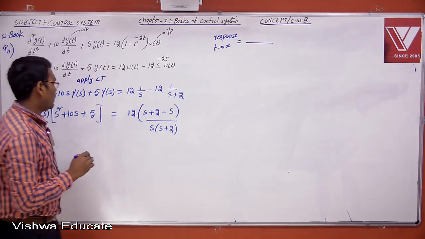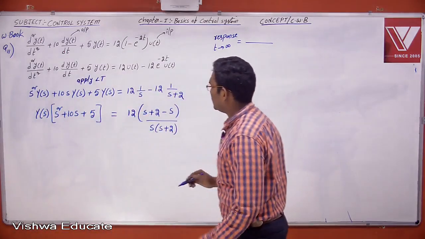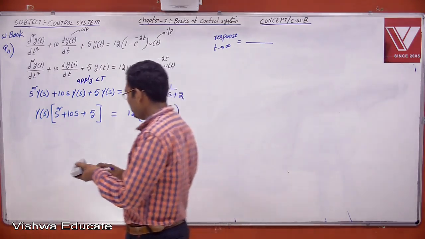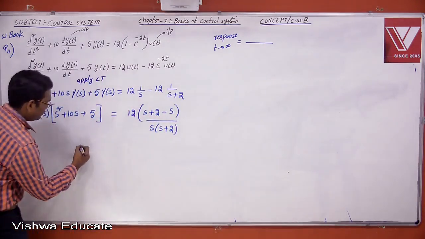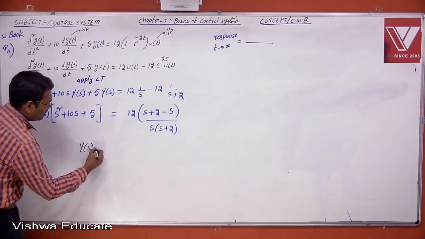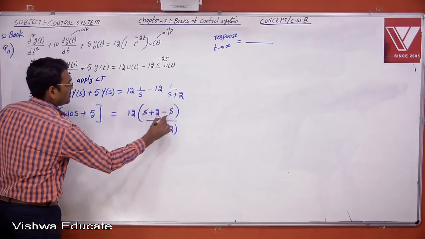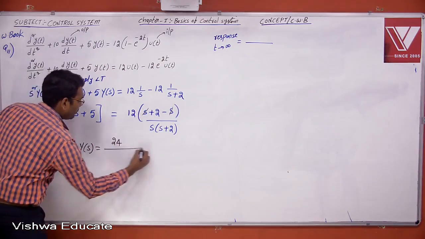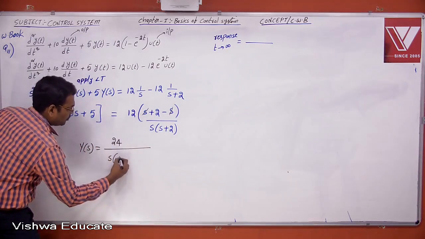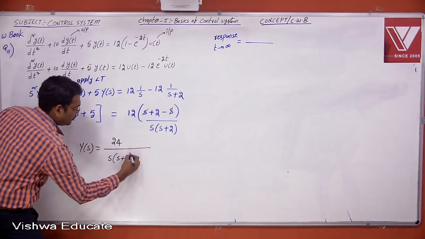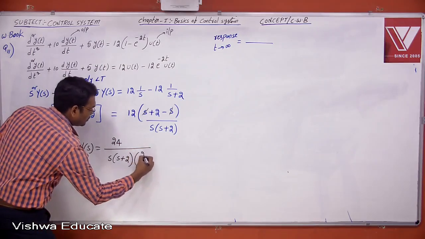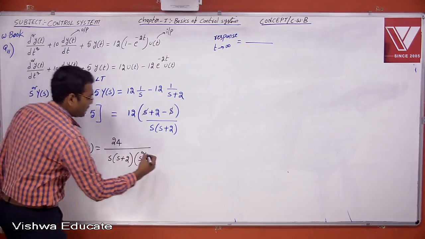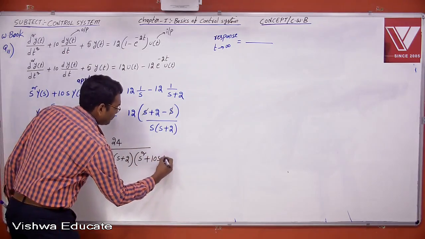Now see here, this s is cancelled. Then what is y of s here? y of s is equal to 12 into 2, 24 by s into s plus 2 into s square plus 10s plus 5.